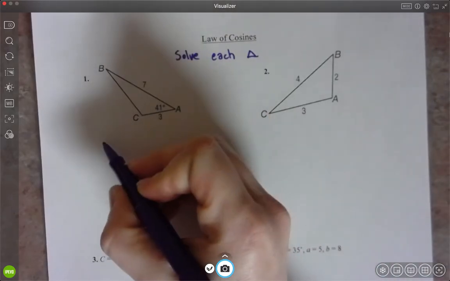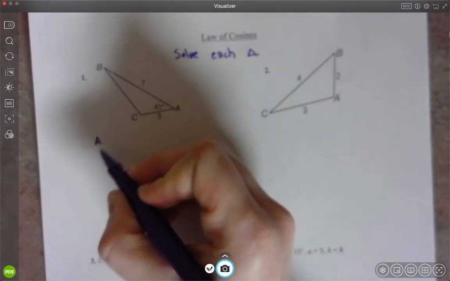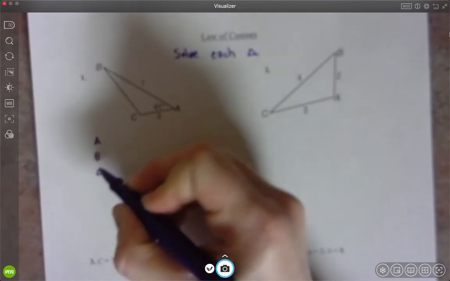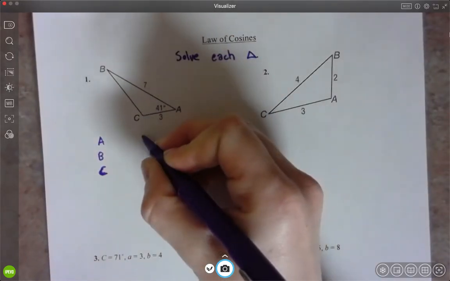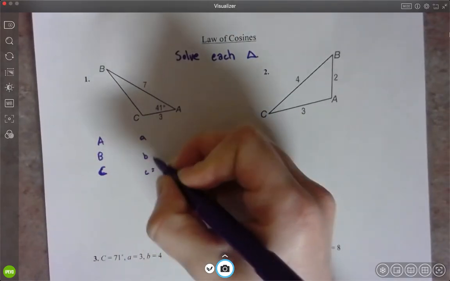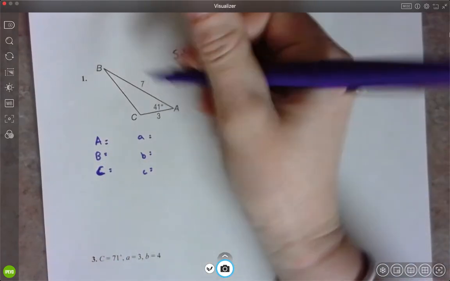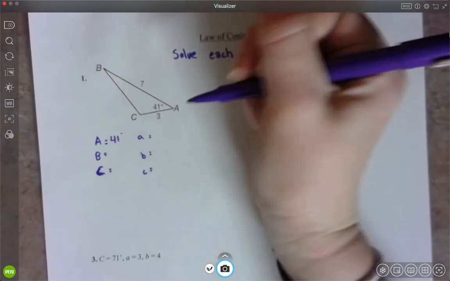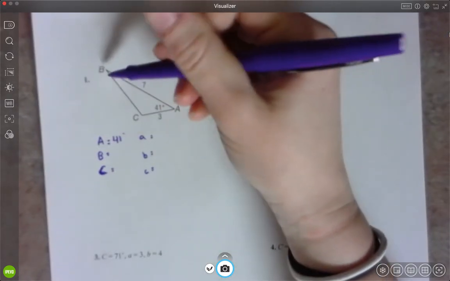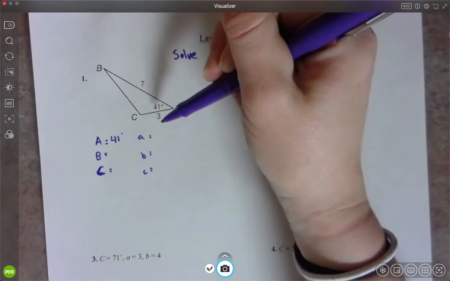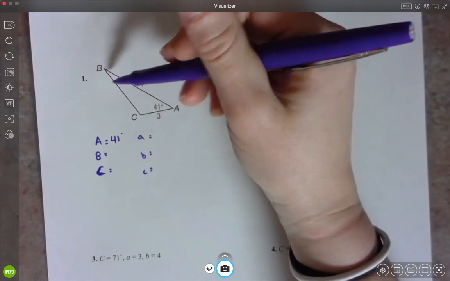So I would just go ahead and start by writing out capital A, capital B, capital C, lowercase a, lowercase b, lowercase c, and fill in some of those things that you already know. Capital A is going to be 41 degrees. Capital B, we don't know.